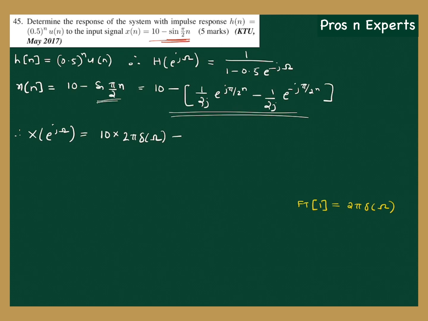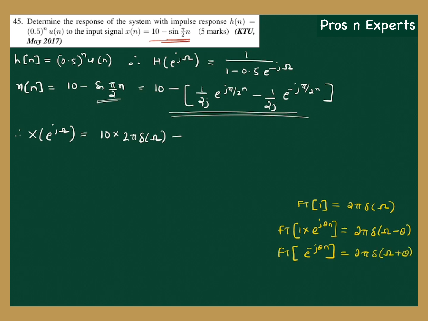Again we can use this relation and the frequency shift property, because what is the Fourier transform of 1 into e raised to j theta n? That will be equal to 2 pi del of omega minus theta, right? This is multiplying the time domain with an exponential, which means the frequency is shifted. This is the frequency shift property. Similarly, the Fourier transform of 1 into e raised to minus j theta n will be equal to 2 pi del of omega plus theta.